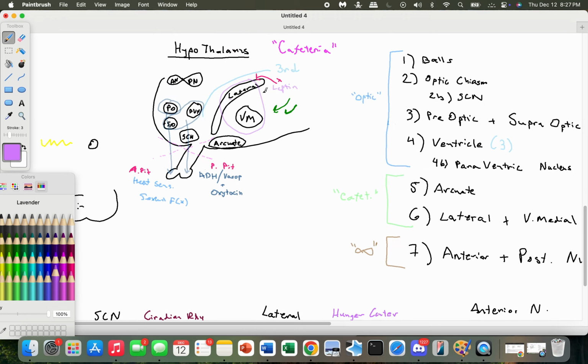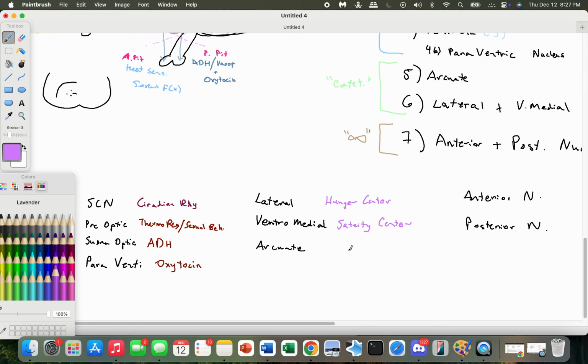Okay, and what did we call all of these nuclei just past the third ventricle? Well, we call that our cafeteria region. So if you're either eating or not eating, whatever it is, you gotta digest it somehow. That's going to be your arcuate nucleus. So the arcuate nucleus, and this is not included in First Aid, this is going to be your metabolism center.